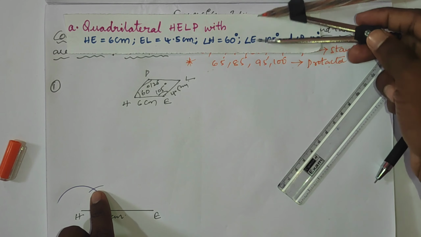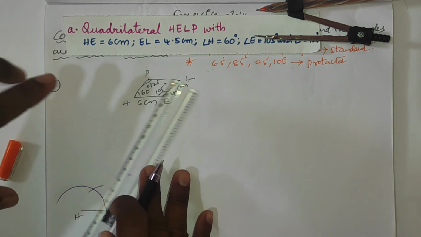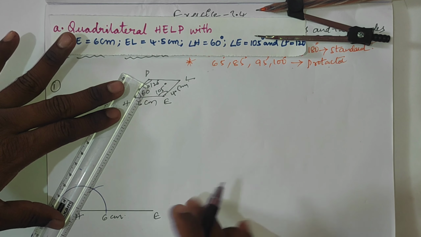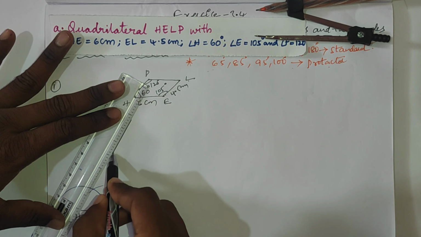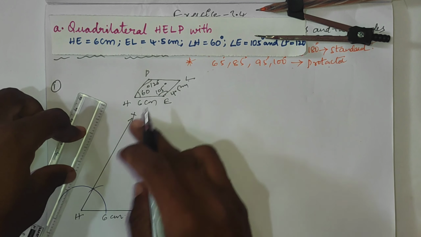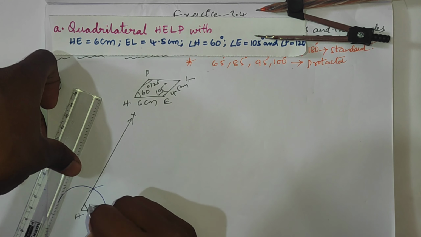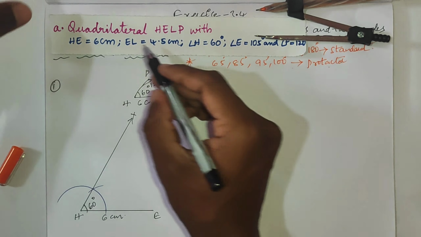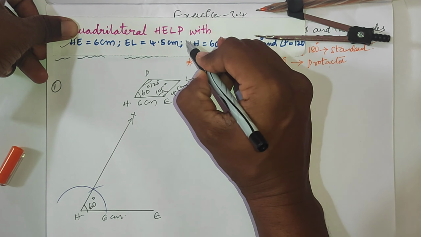Yes, we got the intersecting point. This is 60 degrees. I am drawing a ray from H, think it is X. HX is the ray, and the angle here is 60 degrees. So we completed HE and angle H.